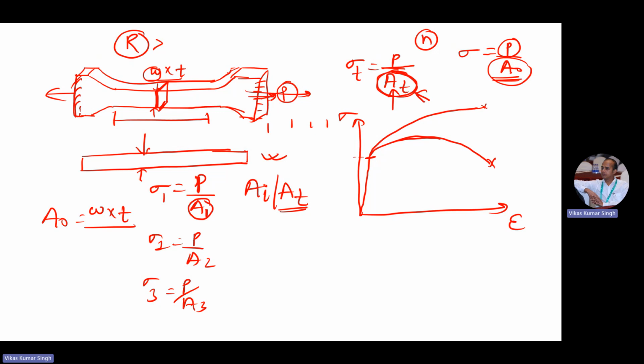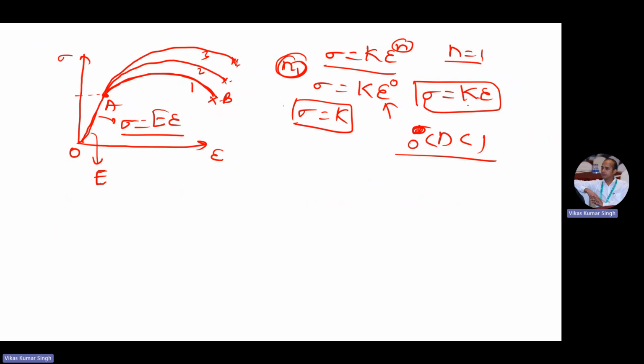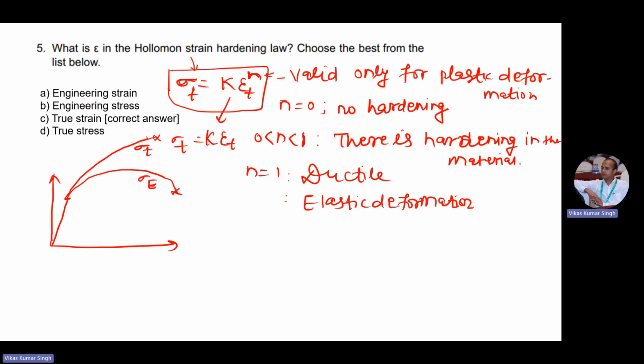What is the meaning of hardening? How to address hardening in the stress strain curve? Like in the previous slides, I showed three curves, 1, 2, 3. So for different n values, a different curve will be there in the elastic deformation zone and plastic deformation zone. All these things must be clear, so that whenever you are solving a problem, it will be clear.